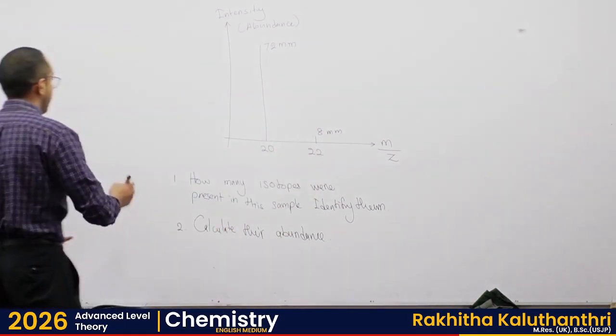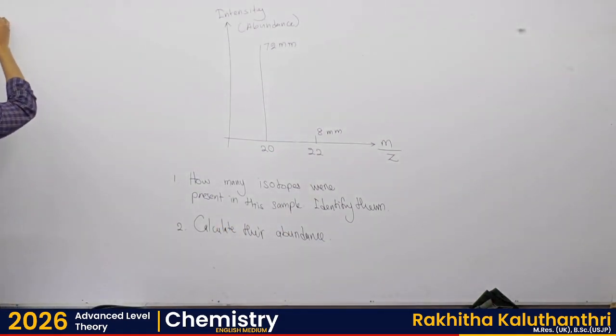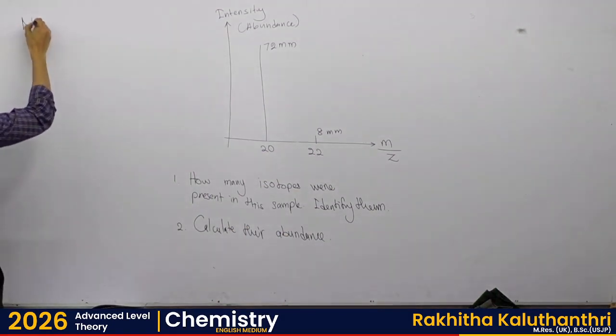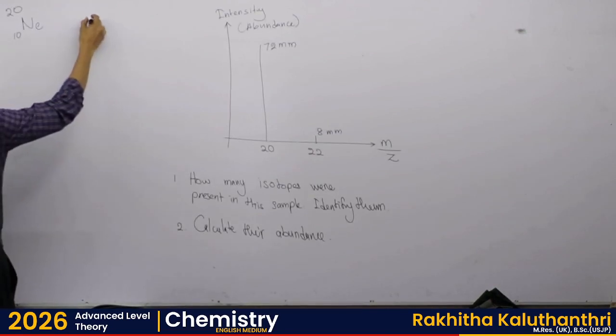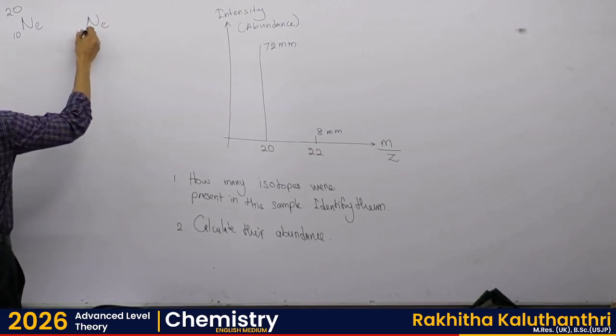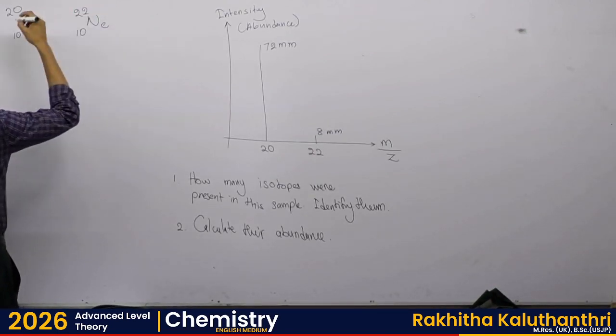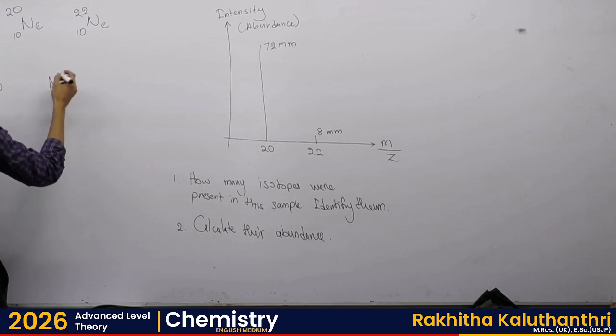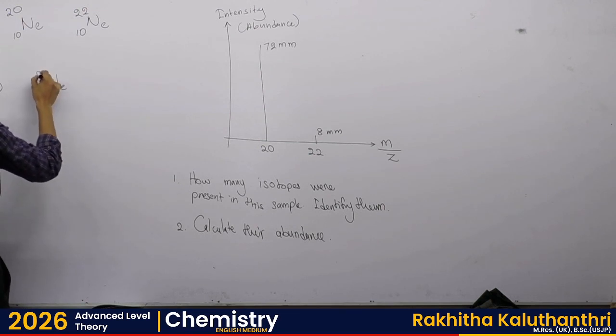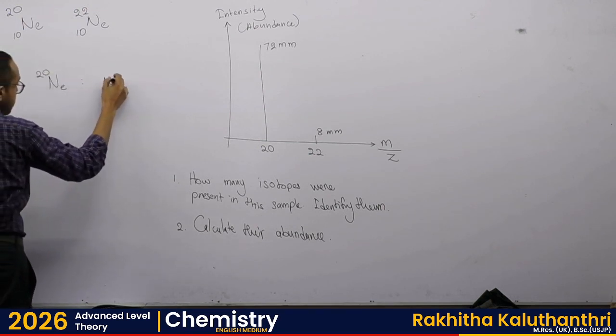So how many isotopes are there? There are two. One is neon-20, the other one is neon-22. First of all, you have to mention there are only two isotopes because there are only two peaks here, and then you can go ahead with this. Then we have to write the ratio.